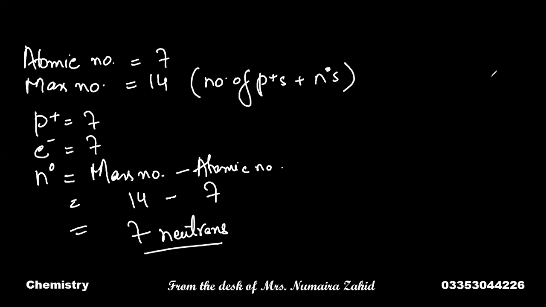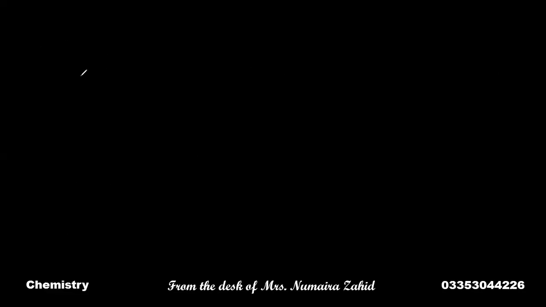Similarly, sodium has mass number 23 and atomic number 11. The mass number is represented by A, and this is the charge number or atomic number, represented by Z. So if this element has 23 as the mass number and 11 as the atomic number, how can we find the details?